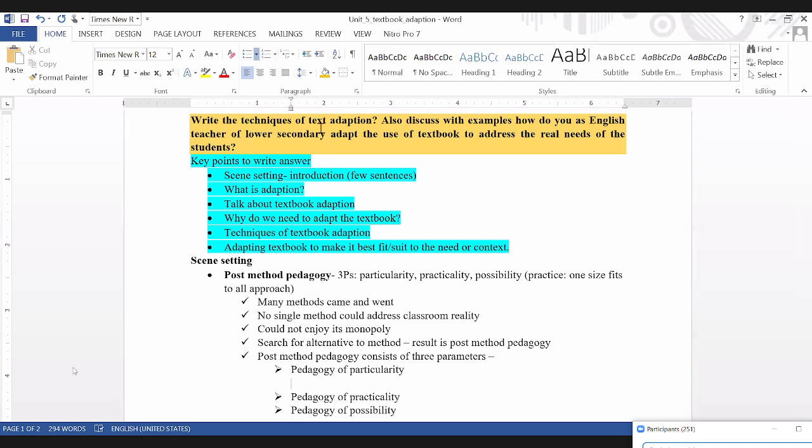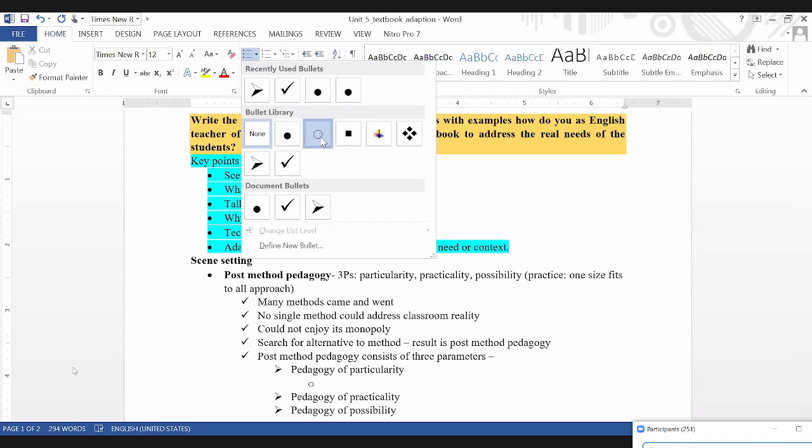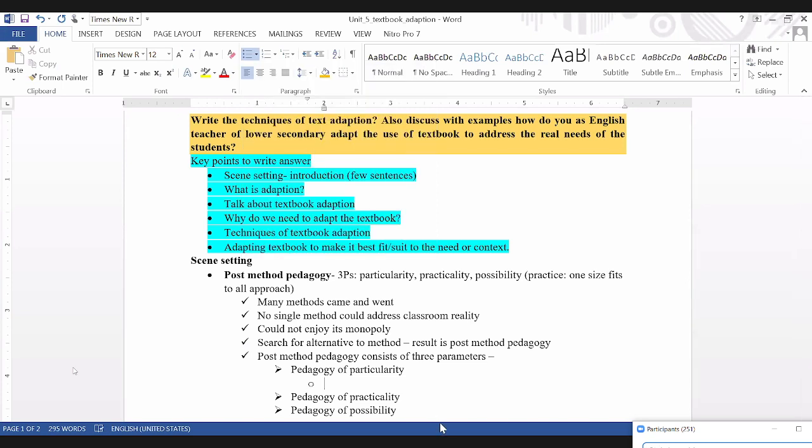Now here, pedagogy of particularity refers to teaching and learning activity that should address every student's needs and interest.